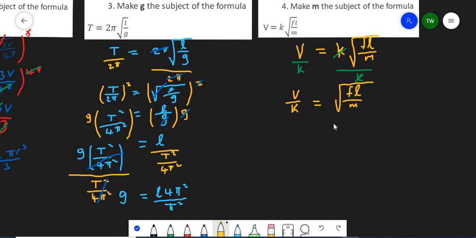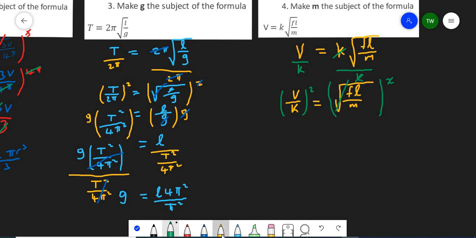At this stage now, we need to get rid of the square root sign. How can we get rid of the square root sign? By squaring both sides. So we're going to square this side and square this side as well. Alright. So notice now, by squaring both sides, this 2 will cancel out the square root sign, right?